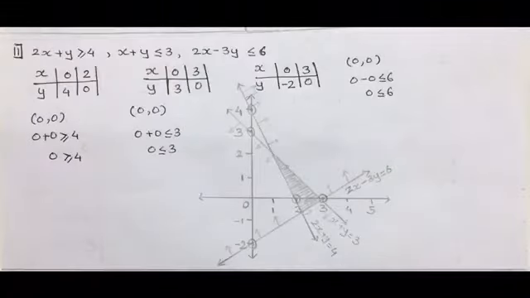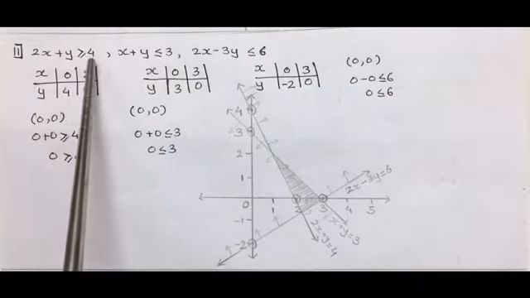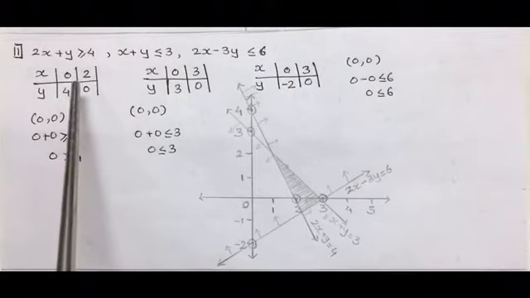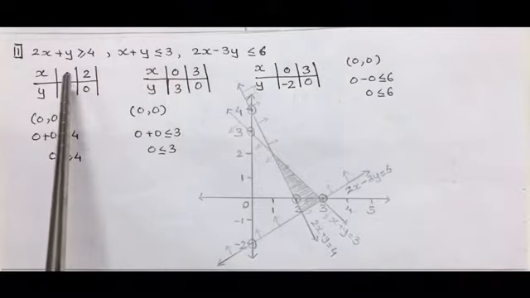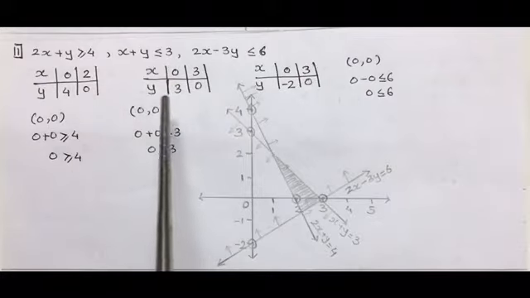11th one, three lines are given here. First inequality is 2x plus y greater than or equal to 4. Taking (0, 0) and finding out the y and x values, we get one point as (0, 4), another as (2, 0).